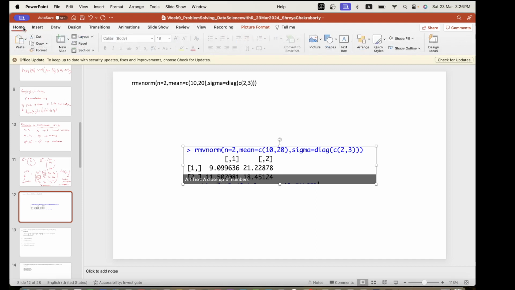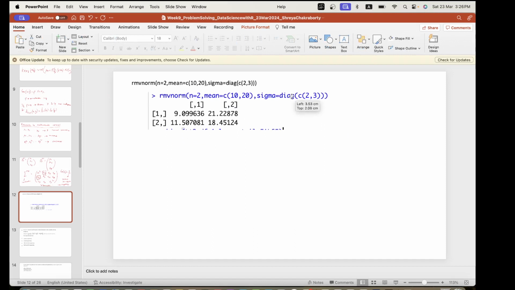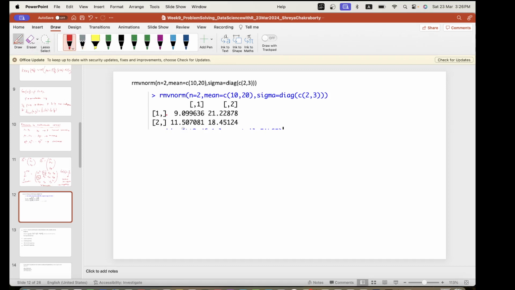So what it essentially is doing is generating two samples. This is the first sample, and this is the second one.